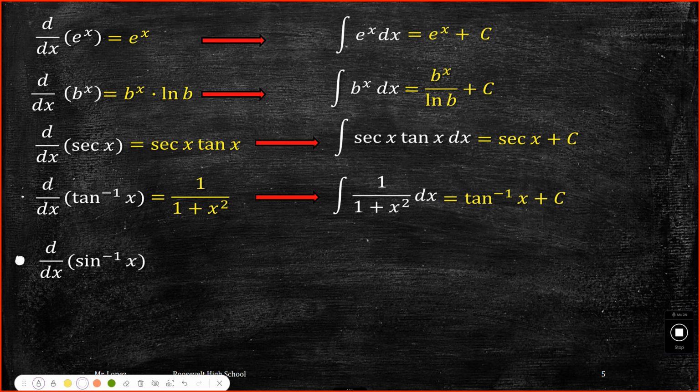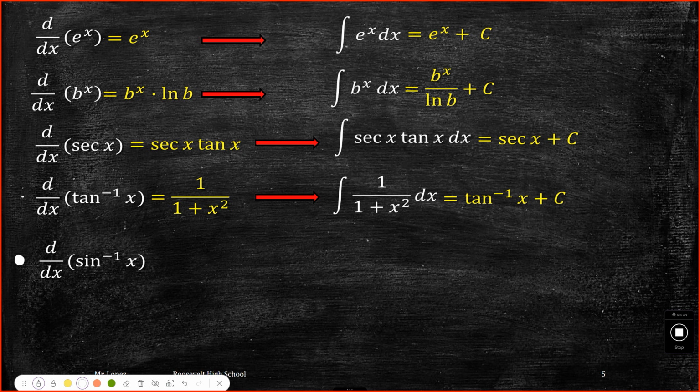What's the derivative of this? Wasn't it 1 over some square root of... is it 1 plus x squared or is it 1 minus x squared? Quick.